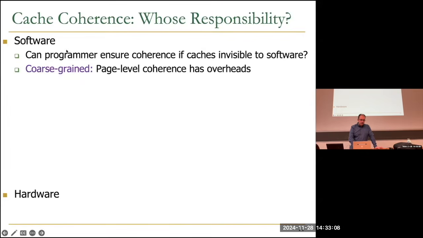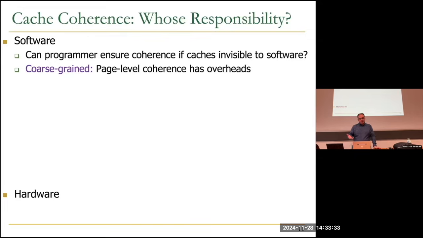One way to provide coherence is doing it at a coarse grain. You can have page-level coherence, and people have come up with those implementations, but clearly it has a lot of overhead. You lock the whole page. Once the processor wants to operate on data, you lock the whole page, meaning only this processor can access this page. Other processors should wait, essentially.